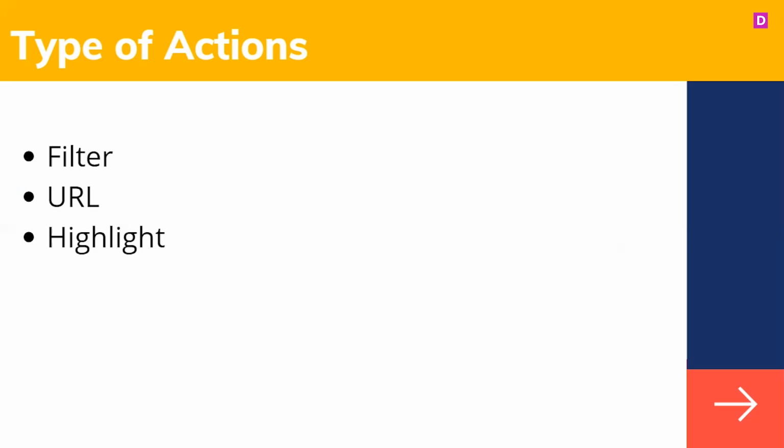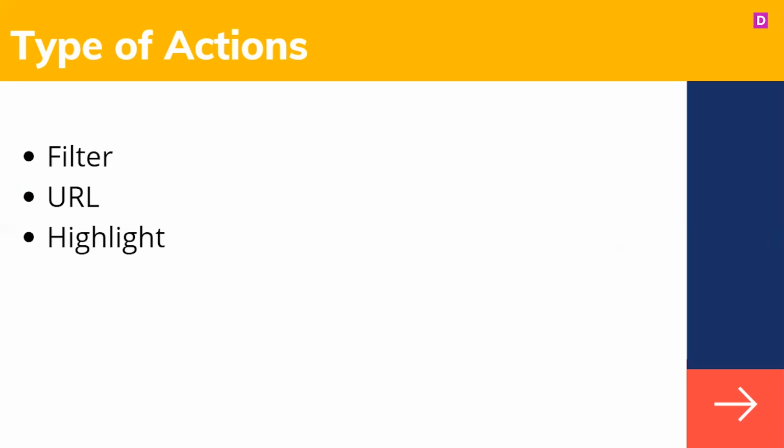So from one page to another page, the details of what you clicked are displayed. That's what you call an action. When you click on something in a visualization, something is going to happen, or when you hover on something in the worksheet, something else is going to happen. This is what you call an action.